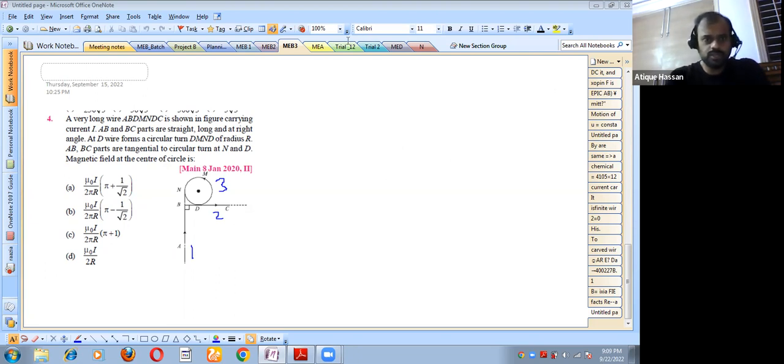Basically, there are three sections of the Y, if you can see in the figure: 1, 2 and 3. We have to find the magnetic field due to all the sections, at the center of the circle.